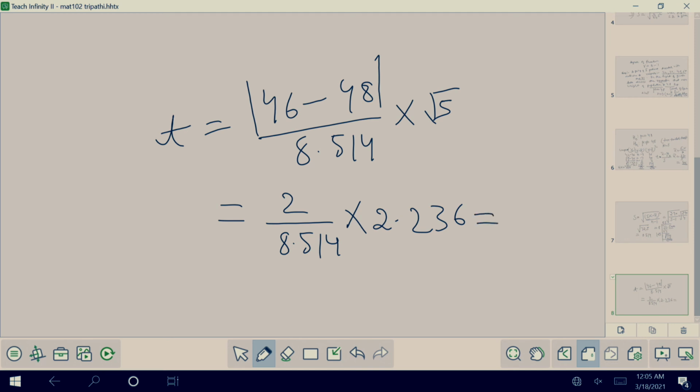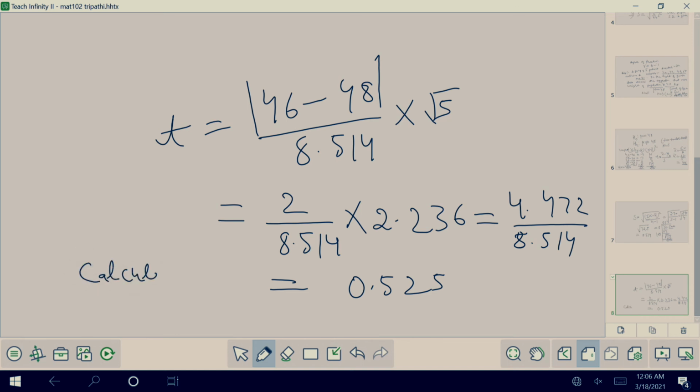So the value of t is 0.525, and this is the calculated value.